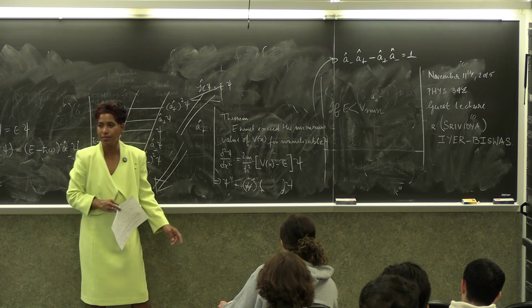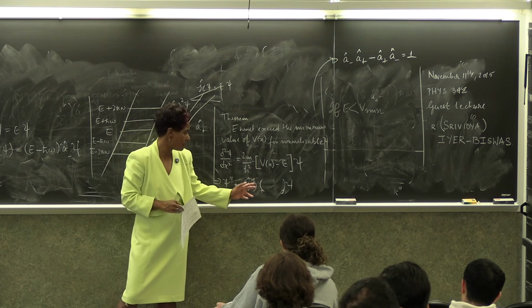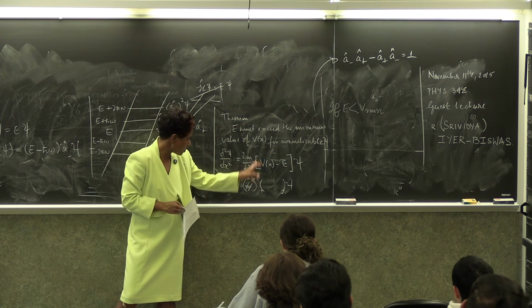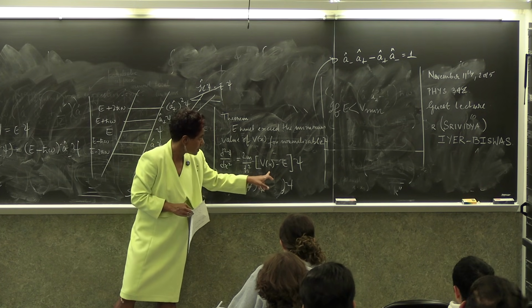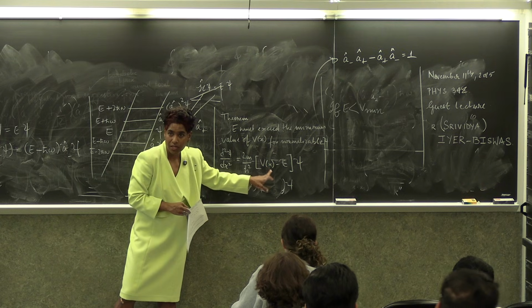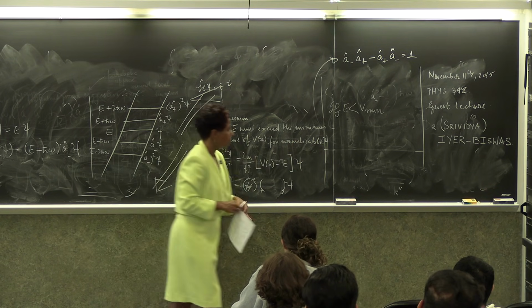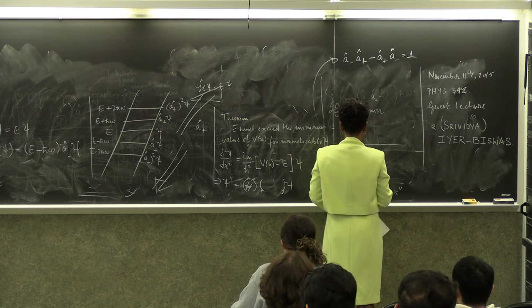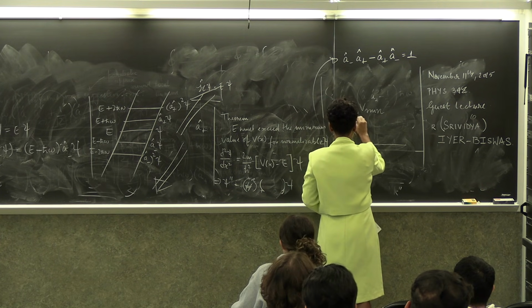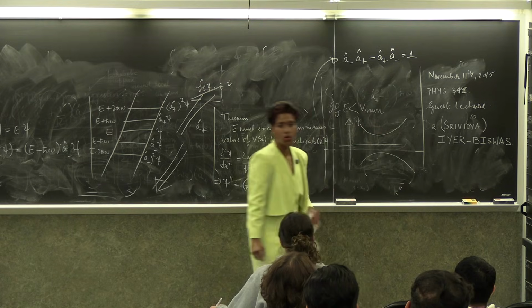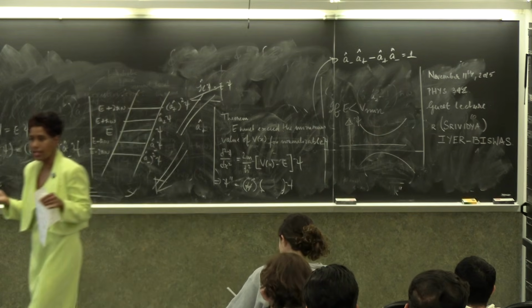Are you with me? I'm just reinterpreting the time-independent Schrodinger equation. Since this is a positive number, if E is less than V min, that would make this positive. This and this will have the same sign. What does that mean in figures? In figures, that means that psi must be like this, always bending away from the x-axis.